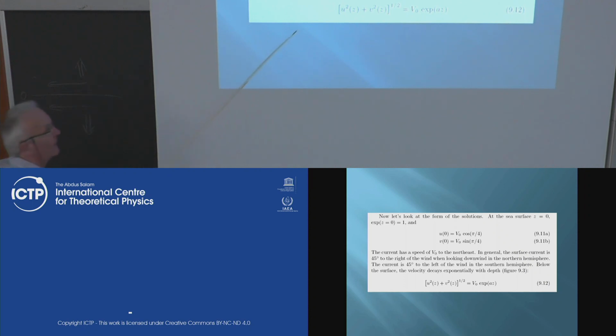This is the expression for it, and it really says what we have seen before, a very important concept as far as the wind is concerned: that the sea surface wind-induced velocity is 45 degrees with respect to the wind, 45 degrees to the right looking down in the northern hemisphere, or 45 degrees to the left-hand side in the southern hemisphere.